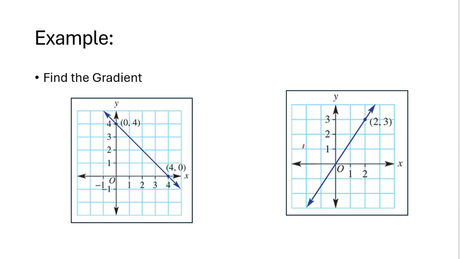So I've got my line. I'm going to make a triangle, okay, using those two coordinate points. Because the coordinate points are already there, I can just make a triangle using that. I'm going to find what the rise is and the run. So the rise being the change in the y value. So how far apart are the y values? Or you could just be like, hey, what's the height of this triangle?